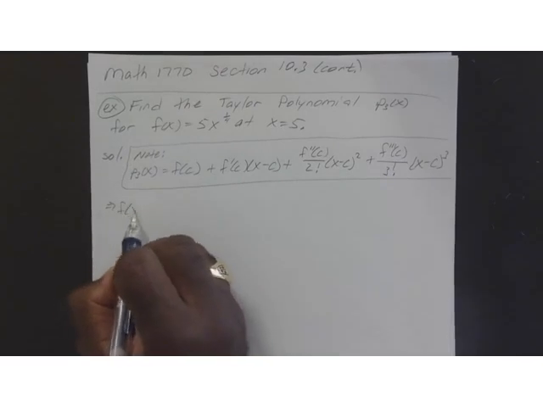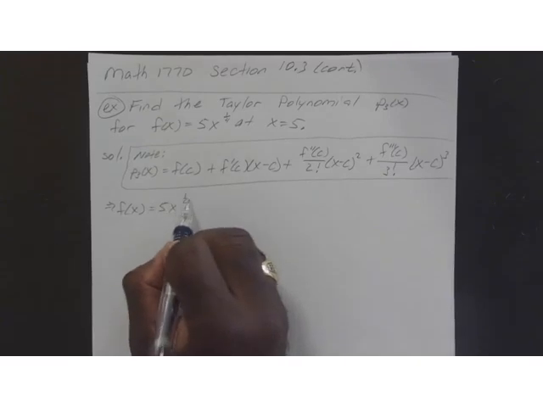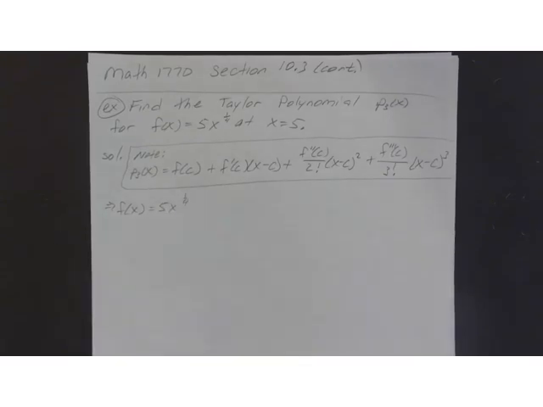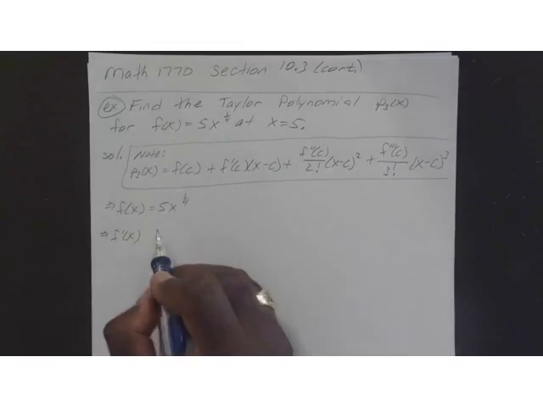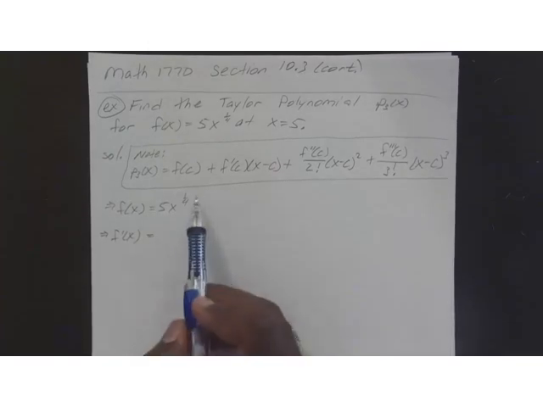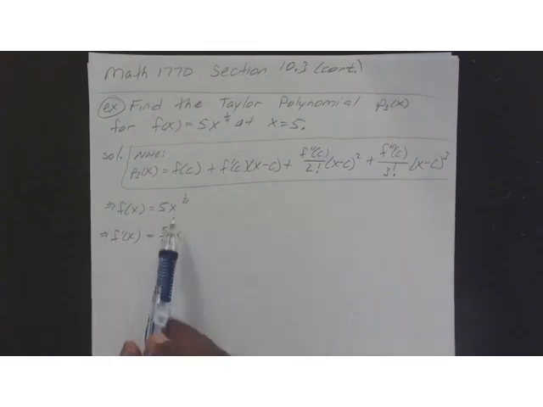Okay, well, we know that f of x is 5x to the 1/4 power. And our f prime of x, we bring down the 1/4, that's 5 over 4, times x to the 1/4 power minus 1.